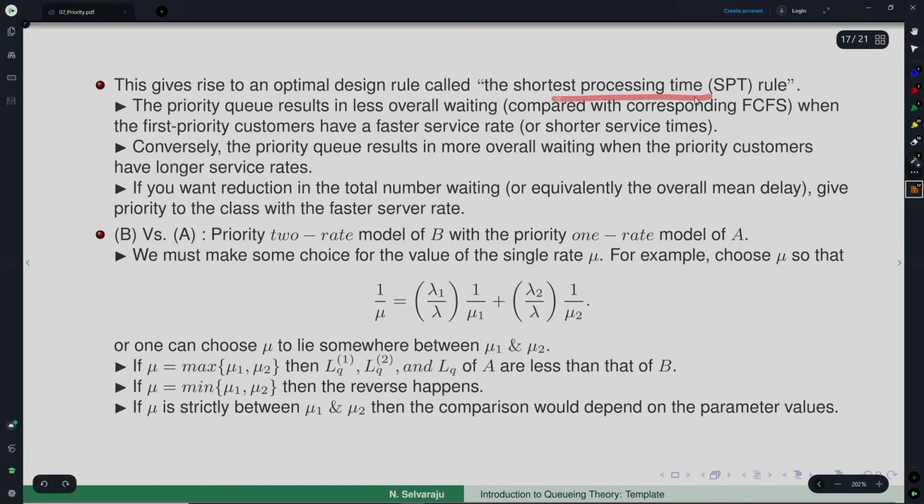So, that is this rule, the shortest processing time rule. The shortest processing time means the faster service rate.